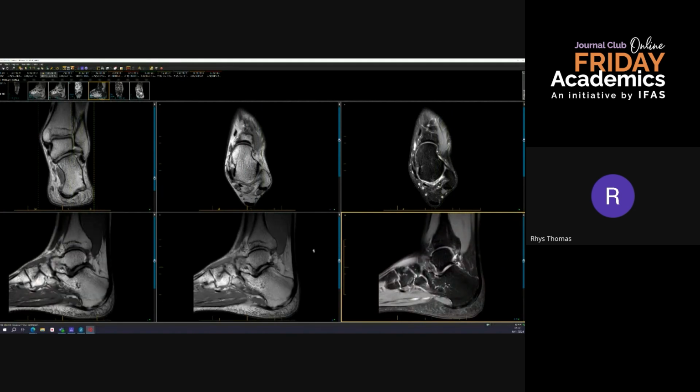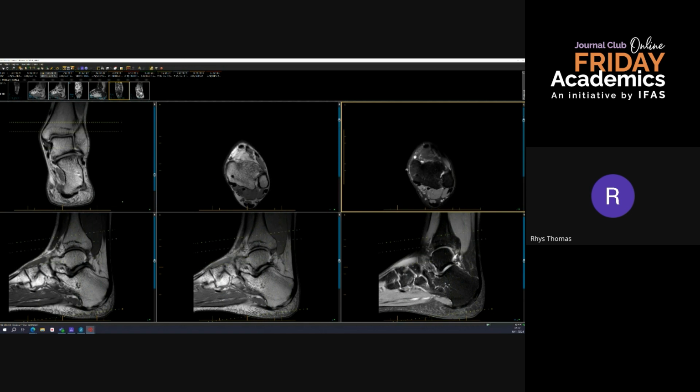And this is all on the 3T. As we saw from the previous talk, the sequences you use are very different. In Wales, our fat saturated sequence here is a T2, which I don't like as much, and our coronal is a fat sat, which makes the CFL ligament quite difficult to see.